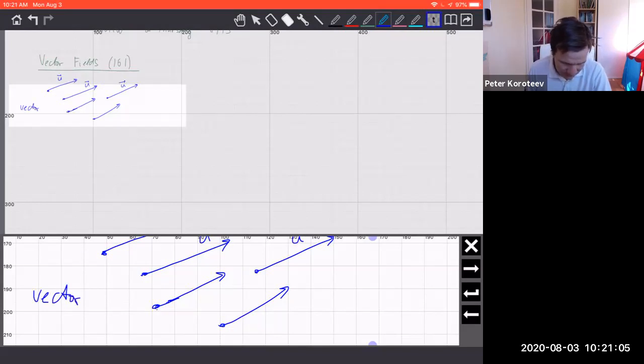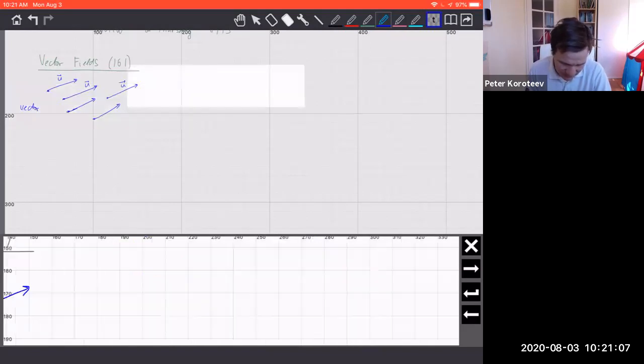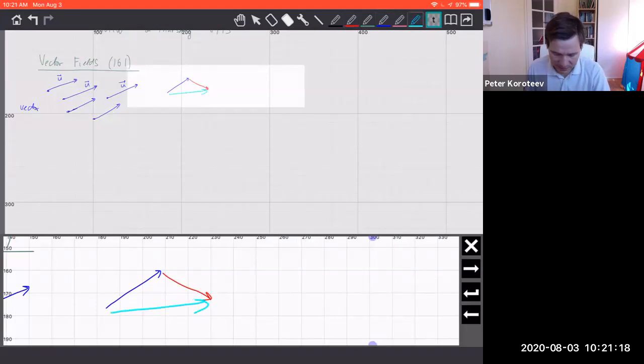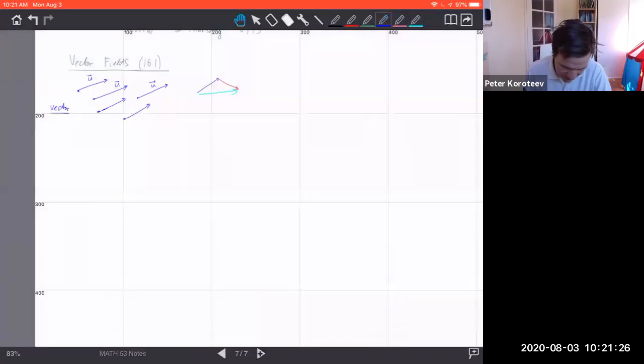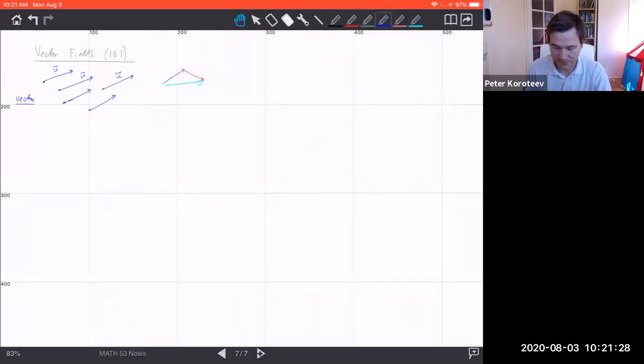And so this definition was convenient because if you want to add vectors, we need to be able to move them, tail of one vector to the tip of another, so that we can add them, right? Using either the triangular rule or the parallelogram rule. So the idea of a vector field is a generalization of that.